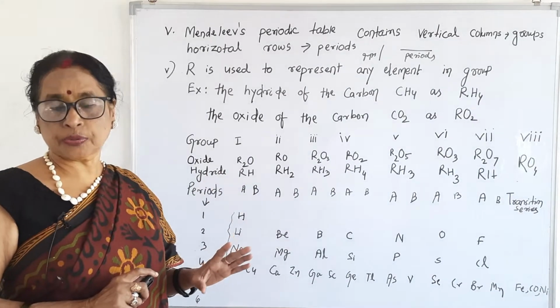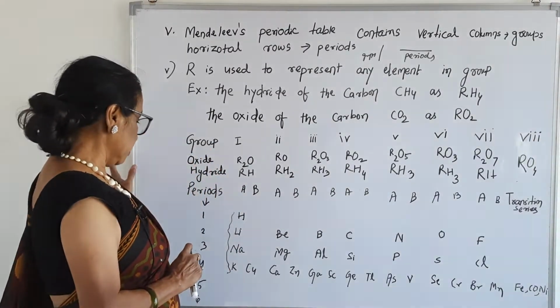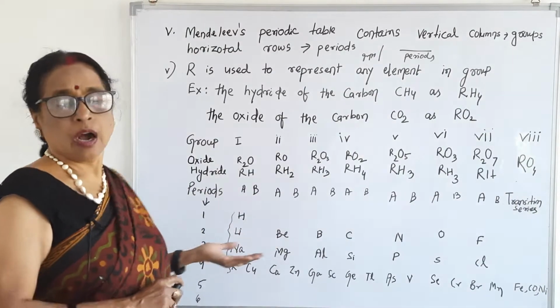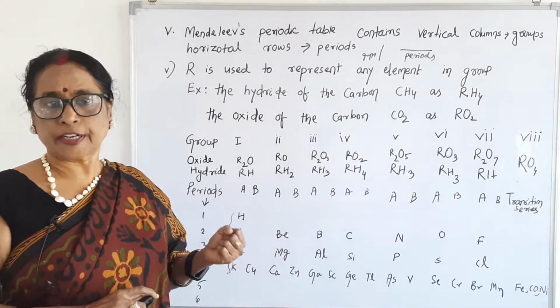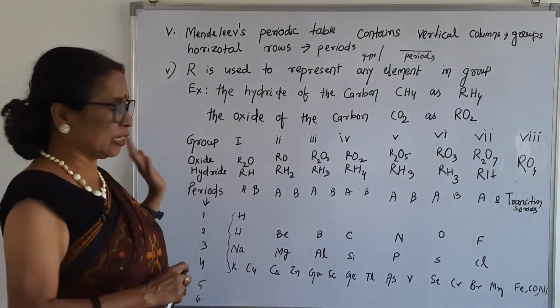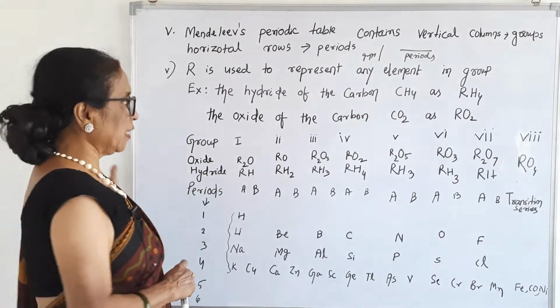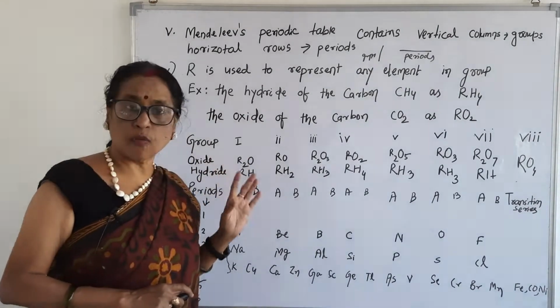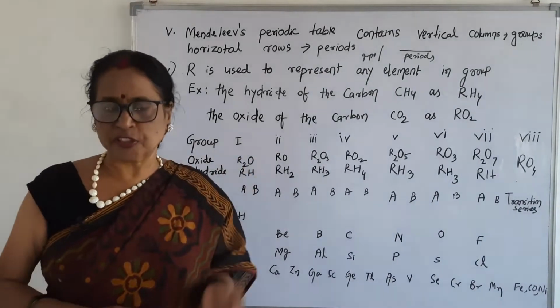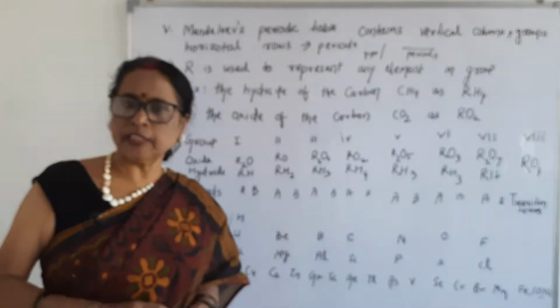There are 18 groups and 7 periods. I will explain when we come to the new form, the modern form of the periodic table and periodic law. Up to here, it is explained how the old form of the periodic table is. But here you will see what the achievements and disadvantages are.